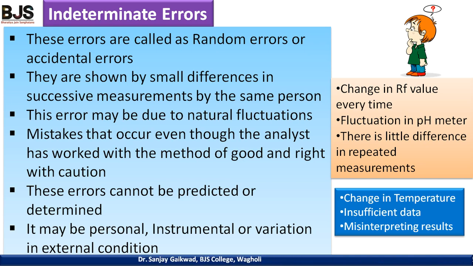Then there is a little difference in the repeated measurement. In this way, small changes take place which cannot be understood, and are called indeterminate errors. Now change in temperature, insufficient data, misinterpretation of the result, as well as sometimes we cannot understand what type of reagent gets contaminated with the glassware. Now these errors are also included in the indeterminate error.